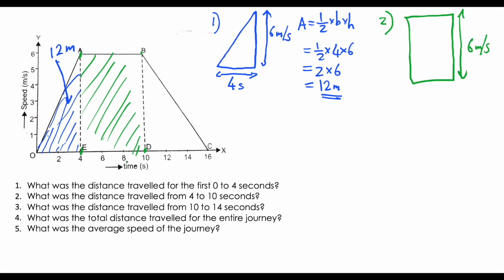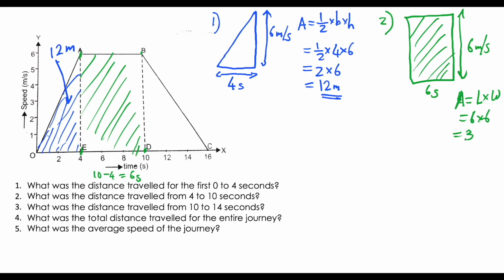And from 4 to 10, the difference would be 10 take away 4, which is equal to 6 seconds. Now the area of a rectangle is simply length times width. So in this case, it's going to be 6 times 6, which is 36 meters. So the distance here is 36 meters.